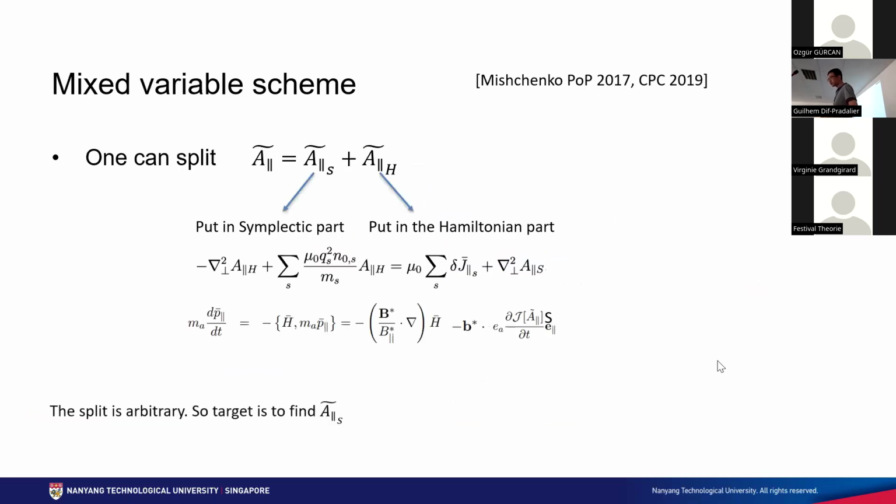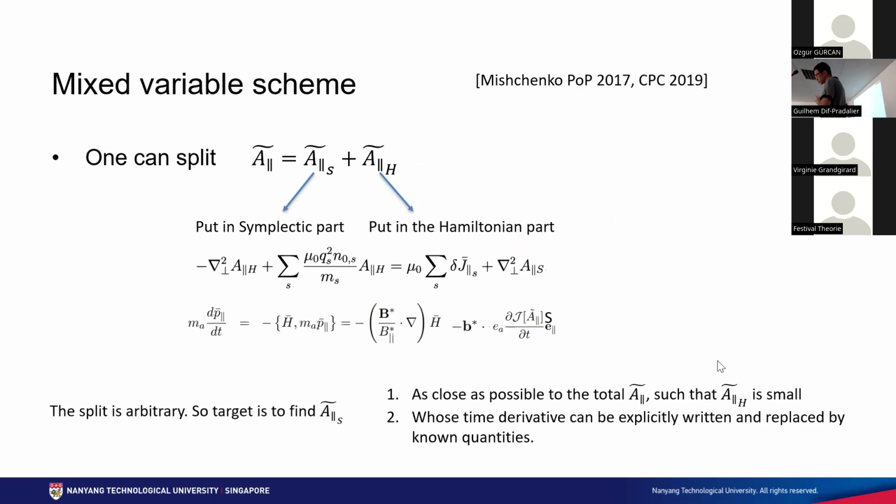Well, in 2017, Mishchenko put forward a mixed variable scheme, where he supposes that A parallel can be broken into two parts. One of them is the symplectic part, the other one is the Hamiltonian part. The split is actually quite arbitrary. So you can choose whatever the symplectic part is, and then the rest will be the Hamiltonian part.